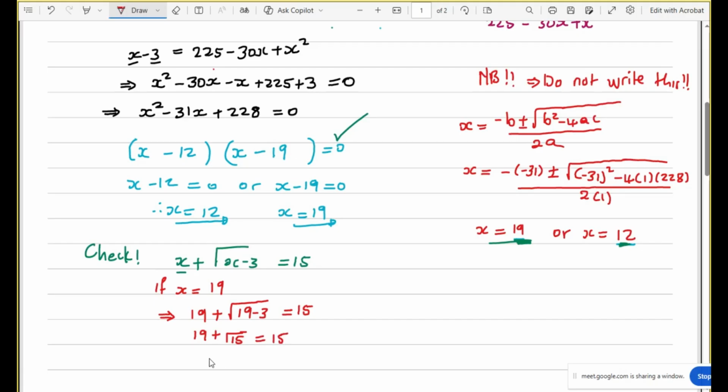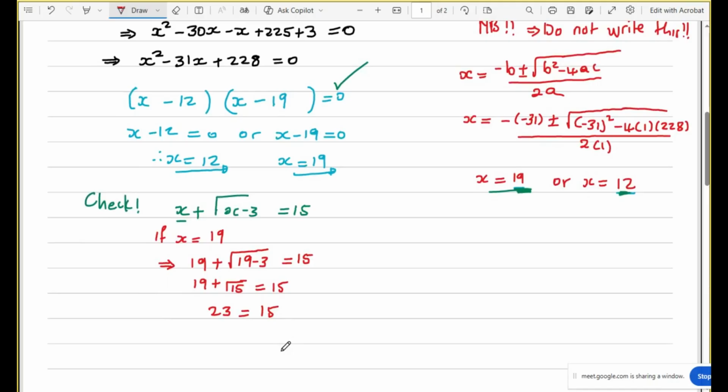Okay, so this tells us that when you add the 2, you get 23, it's equal to 15. Look at this. Is the left-hand side equal to the right-hand side? They are not equal. Therefore, the left-hand side is not equal to the right-hand side. This tells us that x must not be equal to 19. There's a mark for that rejection.